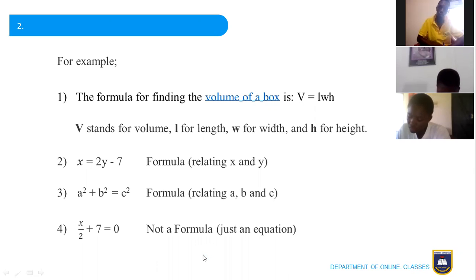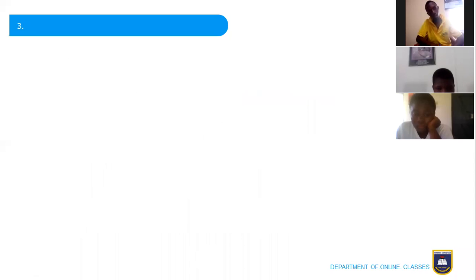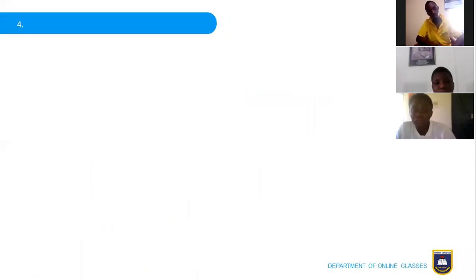But in this case, we have only x. So this is just a simple linear equation. So some of you also mentioned some examples of mathematical formulas. That's good. So we move on to the next slide, writing a mathematical formula.